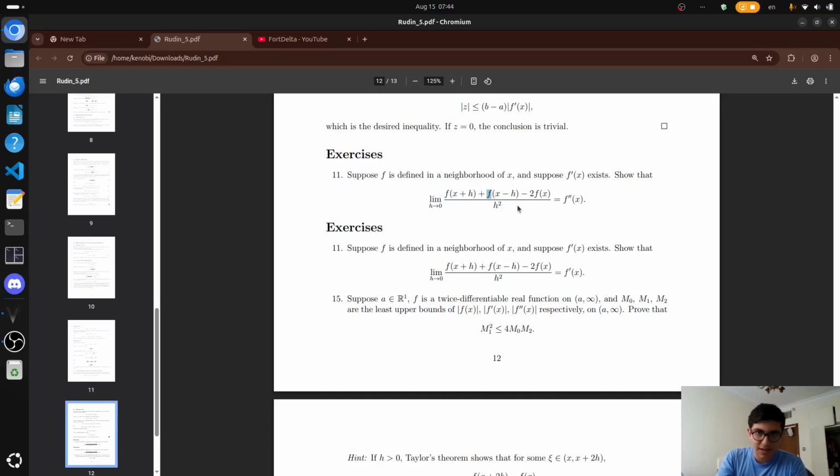And you can separate them, and you're going to get that it is equal to 2 times the definition of the limit of the derivative divided by 2, and you're going to get that it is equal to f prime prime of x.